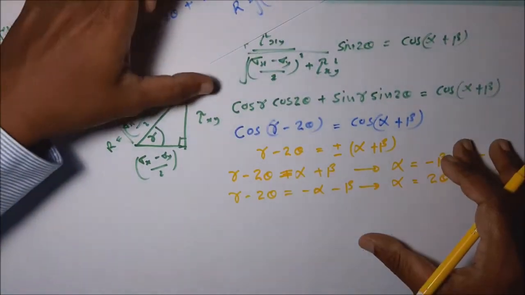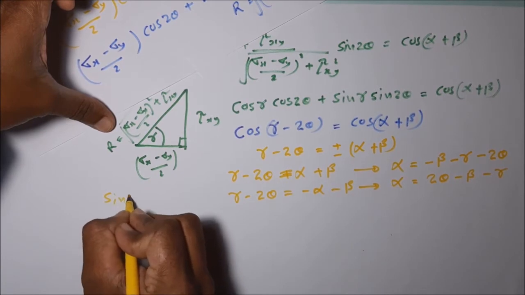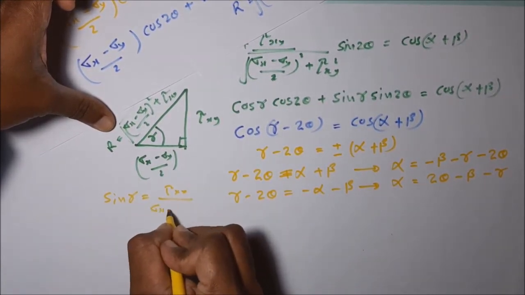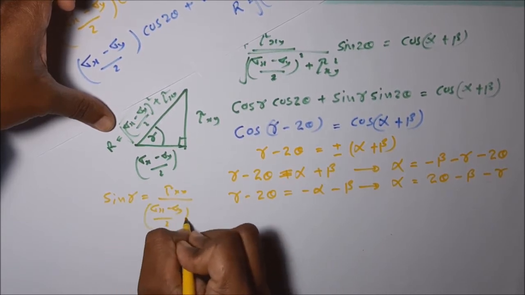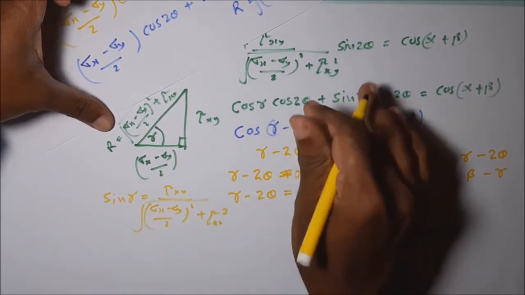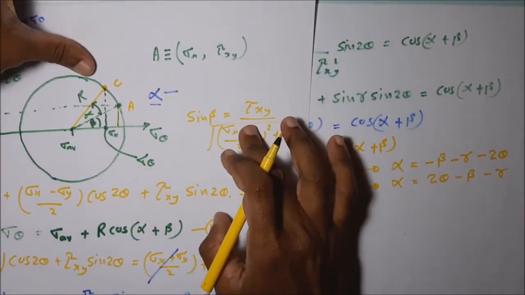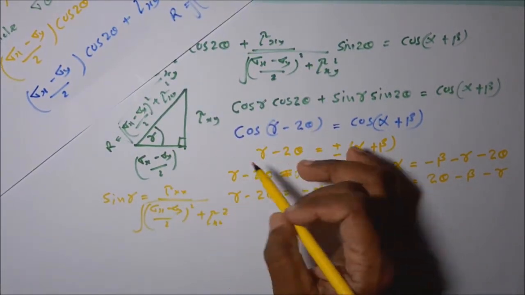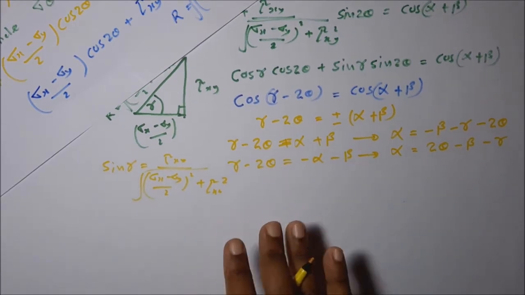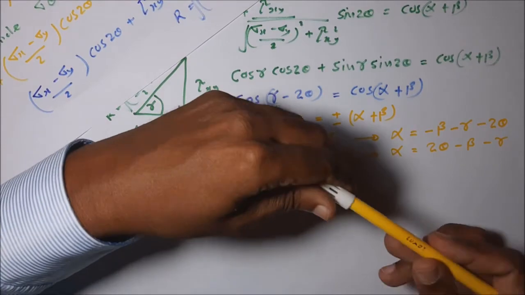Then what is our sin gamma? Sin gamma is also equal to tau xy divided by the same term. It means sin beta and sin gamma are both equal, so gamma is equal to beta.